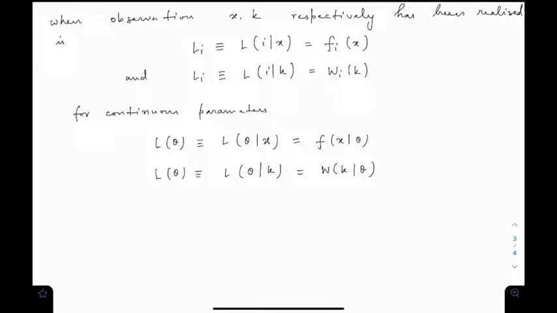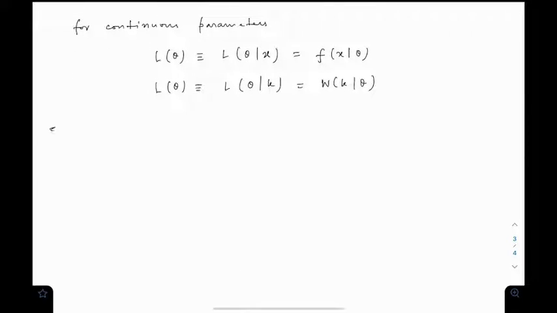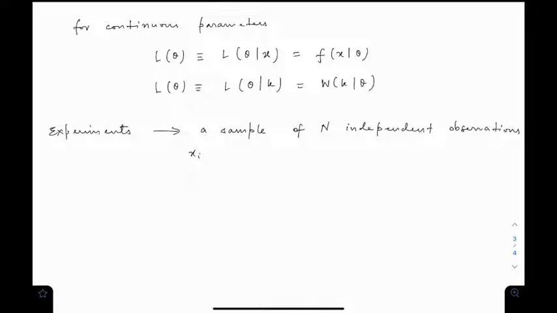Usually, experiments provide a sample of n independent observations x_i, which all follow independently the same PDF, which depends on the unknown parameter.